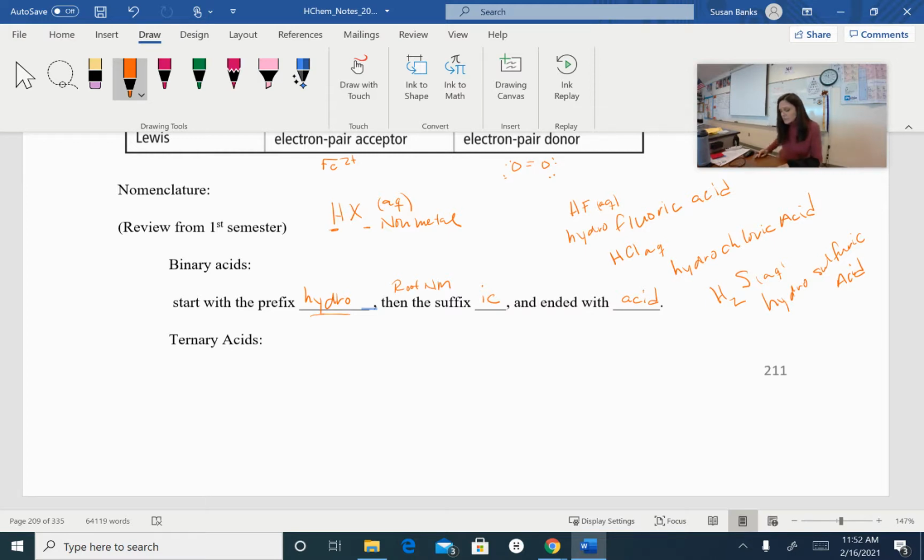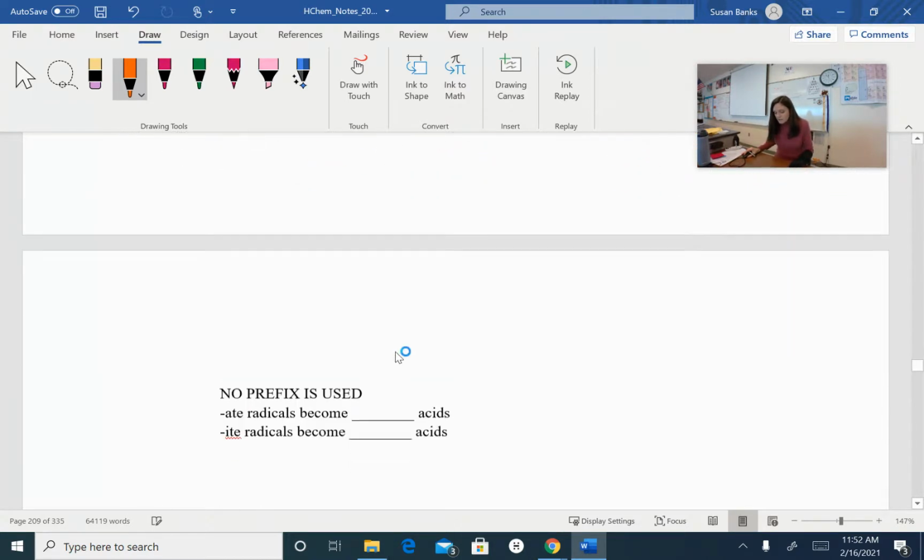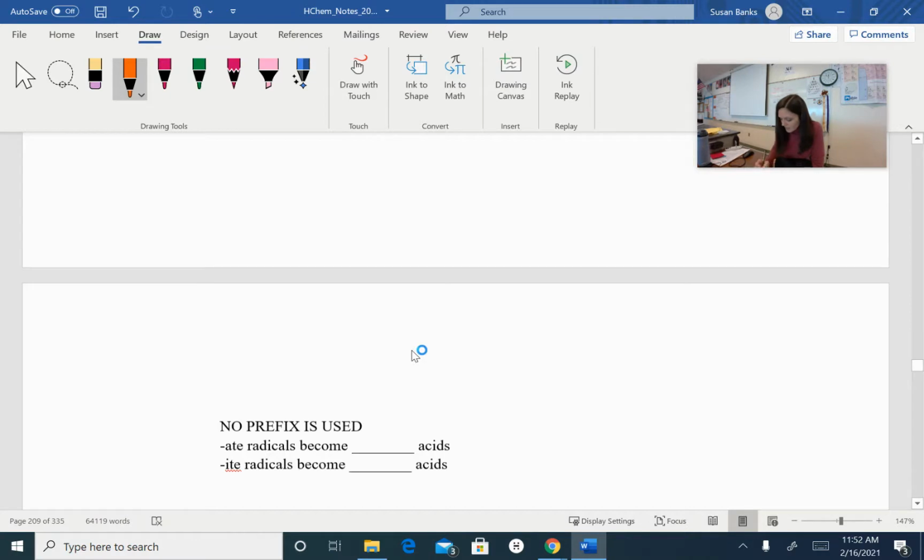Now, ternary acids. These are our acids that are from our polyatomic ions. So we are definitely going to want to use our polyatomic chart that we have on the back of our periodic table.